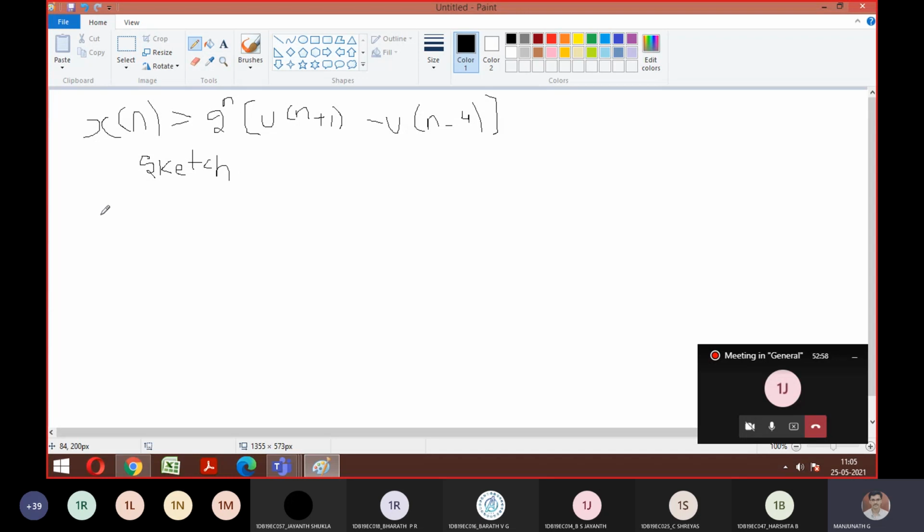Is the question visible? Yes. y1 of n is equal to x of n minus 3. I think we solved something else, 8 power n, I think we have solved. Correct?